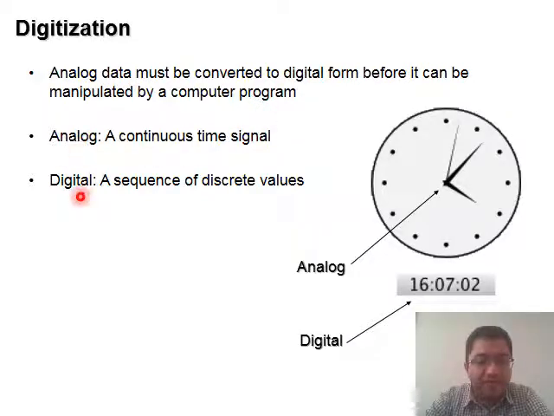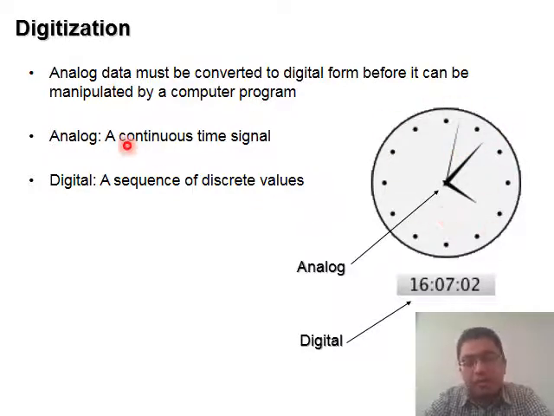So what's the difference between analog and digital? Analog means you have a continuous time signal, while digital means you have a sequence of discrete values. This is a very simple representation of time. This is time in digital form, while this is time in analog form.